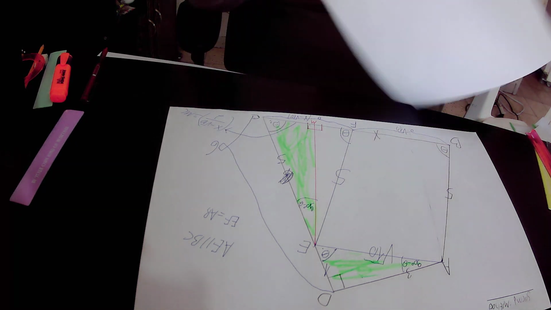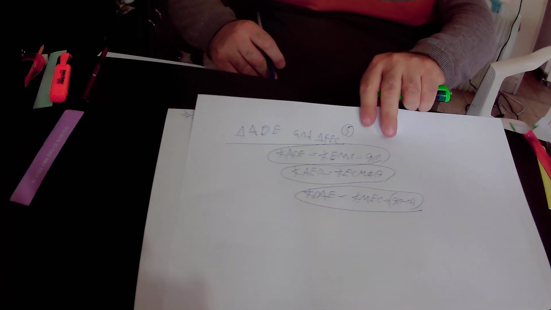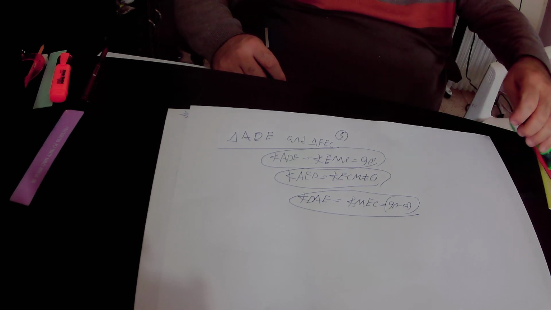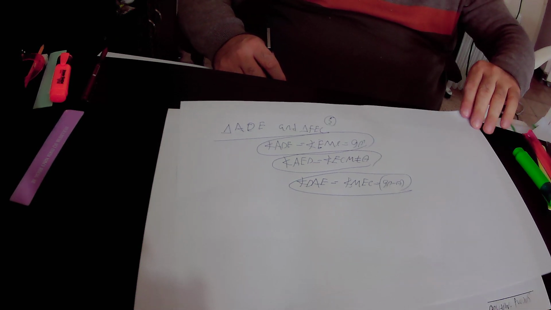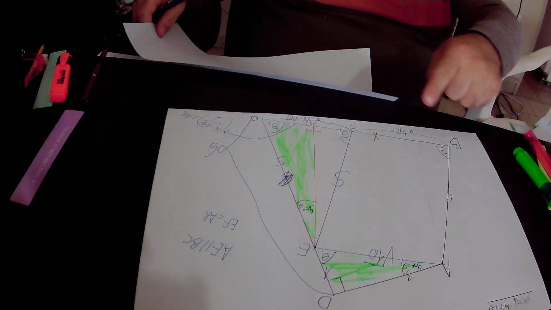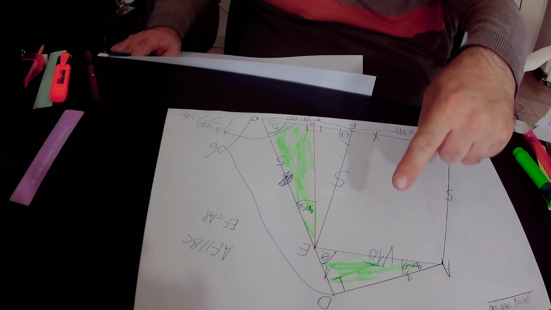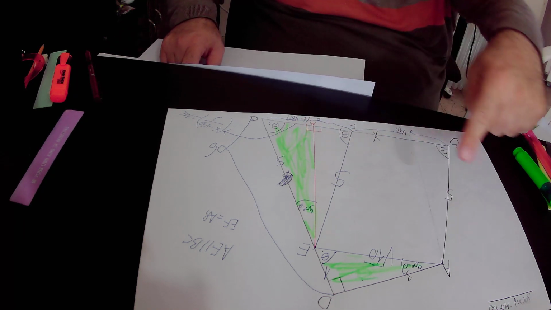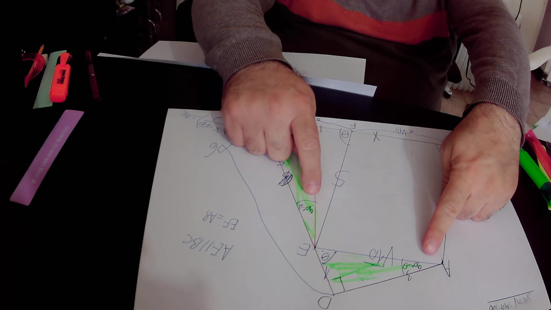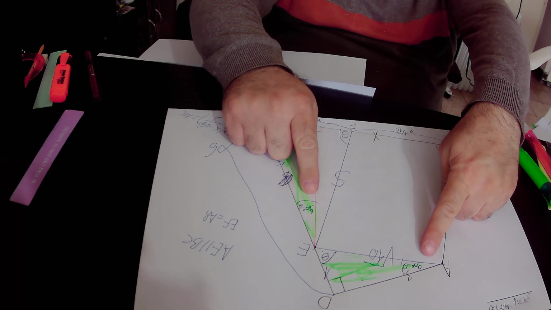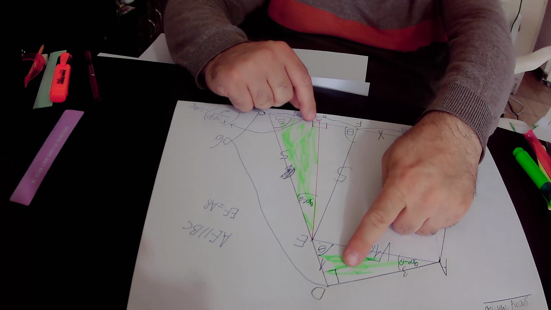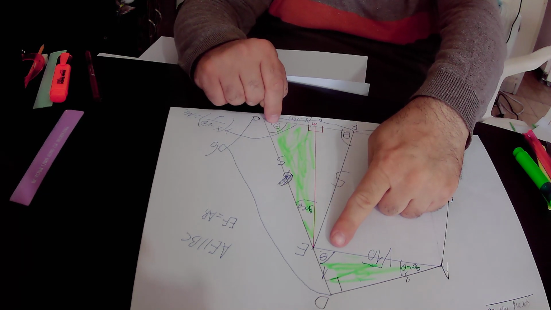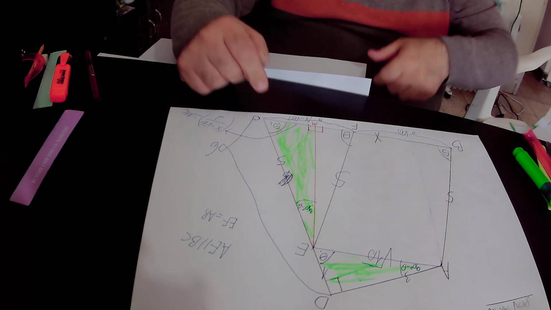I'll repeat again, angle DAE is equal to angle MEC. So we prove that all the angles of the right green triangle ADE are equal to all the angles of the right triangle EMC. Those two angles are both 90 degrees minus theta, those two are both 90 degrees, and those two are both theta, therefore they are equal to each other.